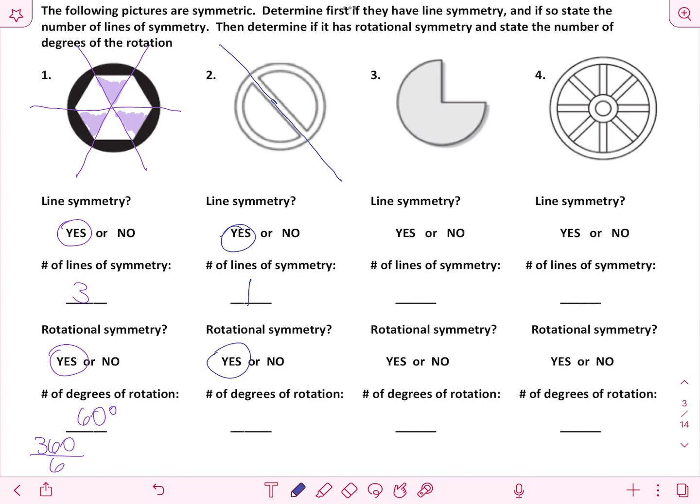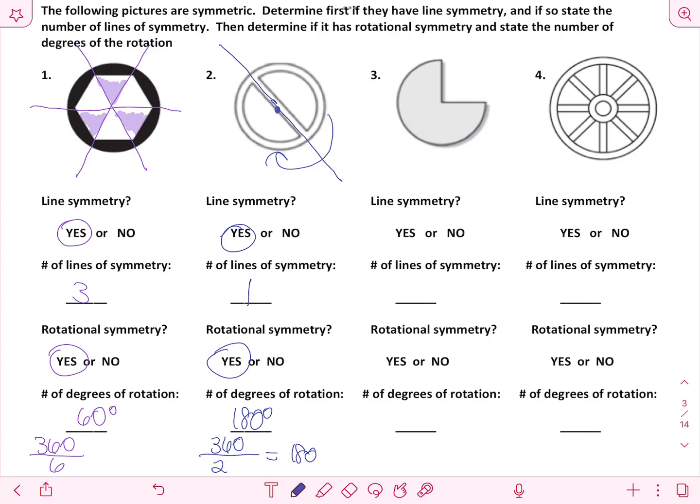We also have rotational symmetry because if I take this portion, I can rotate it here one time. So I have 2 even sections, and that gives me rotational symmetry. And it's rotational symmetry of 180 degrees.